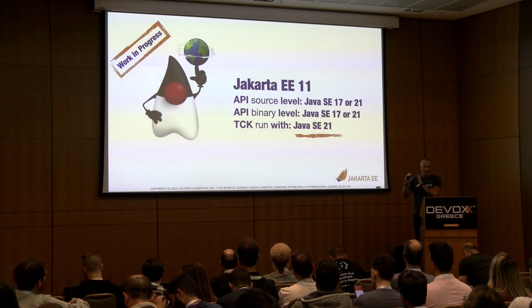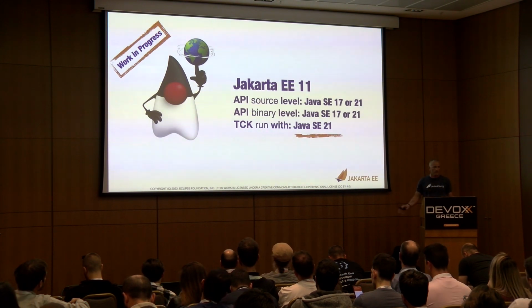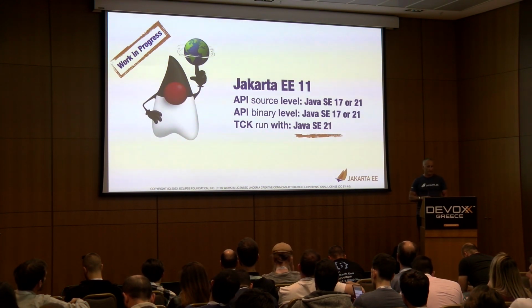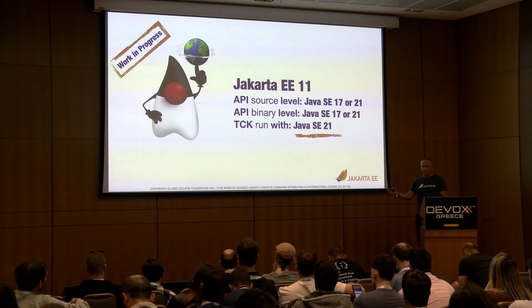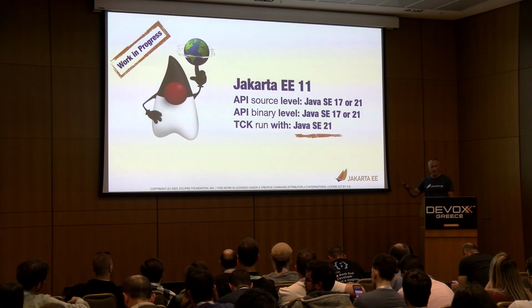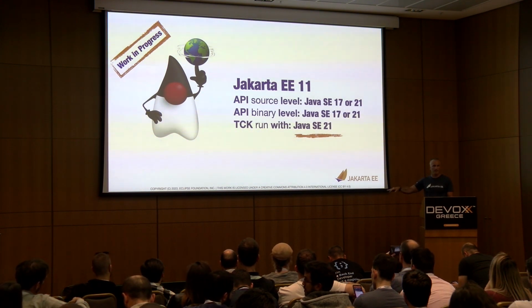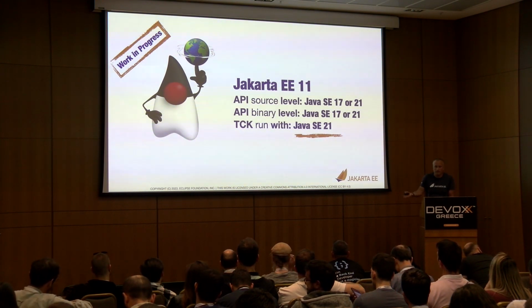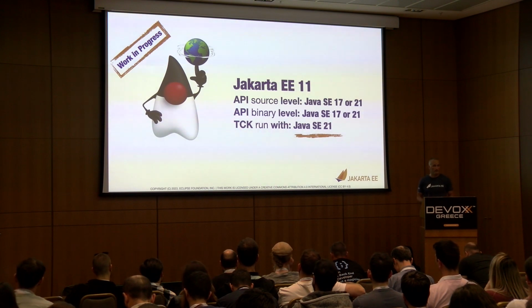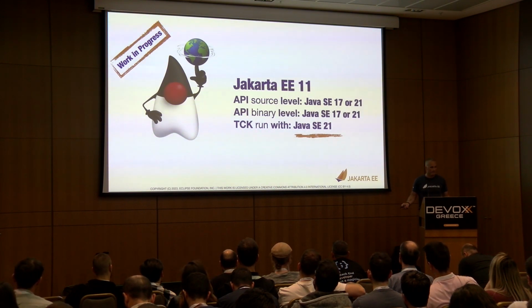We are telling the APIs, if you want to use 21 features, that's fine. You can also stay on 17 or on 11 if you want. But if you want to use 21, you can, because we will make sure that the TCK and the runtimes run on 21. That's the important thing. Whatever version the APIs are compiled to, we don't really care, because Java is backwards compatible.